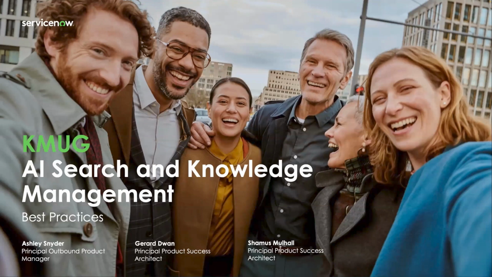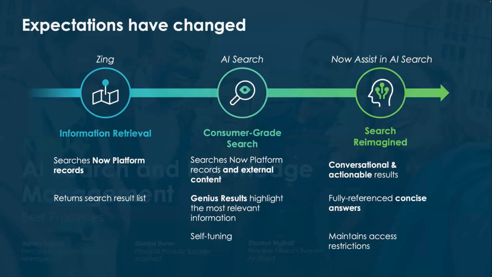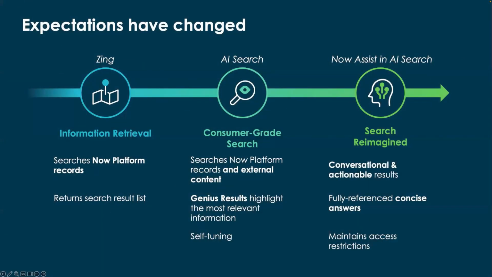First of all, thank you, Ashley, and for everyone who asked to get us all here today to talk through AI search and some of the knowledge management and how they intertwine as part of that process. So my name is Gerard Dwan. I'm a product success architect that focuses on AI search.